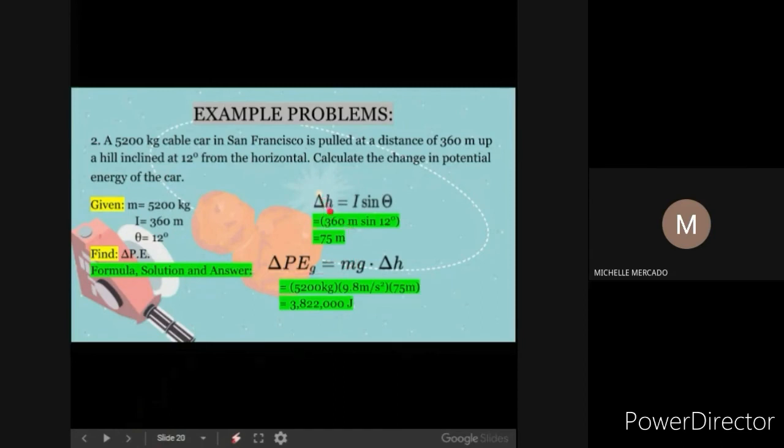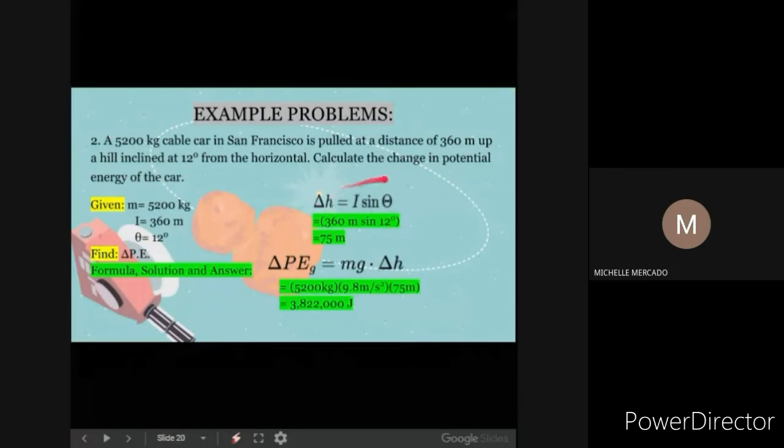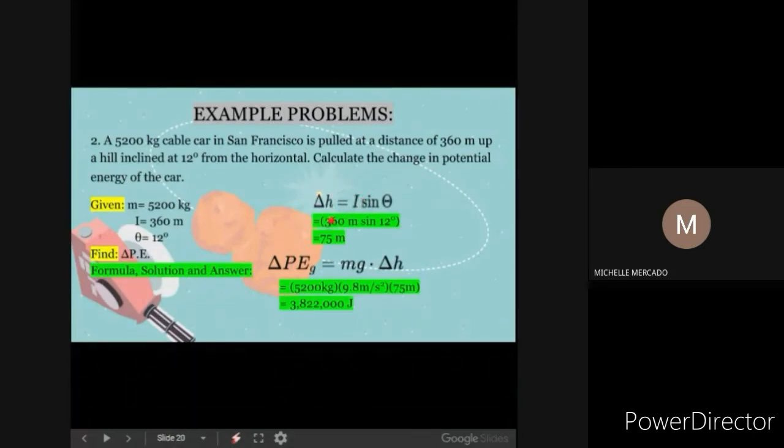So first, we're going to find the height in the problem. Kunin po natin yung given length which is 360 meters, times sine 12 degrees. So 360 meters times sine 12 degrees. The answer is 75 meters. So, gagamitin po natin tong formula na to: change in gravitational potential energy is equal to mass times gravity multiplied by change in height.